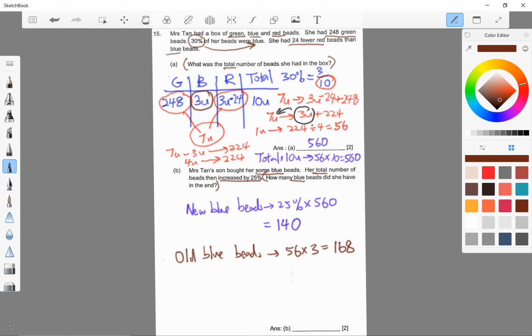And since Mrs. Tan's son bought her some new blue bits, the total blue bits in the end must be 168 plus 140. And as we know it, this will lead us to 308.